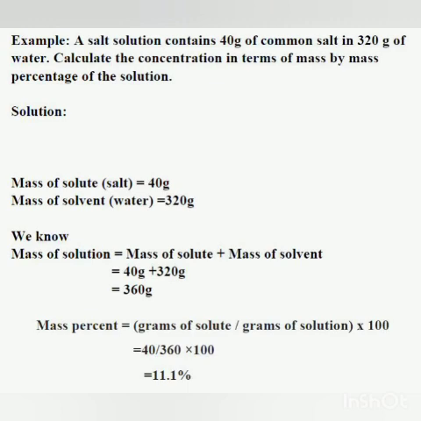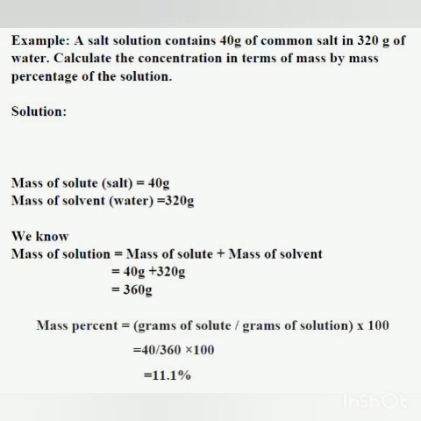Now, just refer to this example. A salt solution contains 40 grams of common salt in 320 grams of water. So 320 grams will be what? Mass of water. So here solution is what? Solute plus solvent. Here they are saying that the salt solution, it is a solution, means it will contain solute as well as solvent.